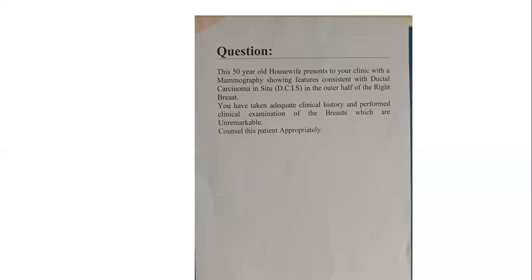Now, you have done a mammography, and your mammography results have shown features consistent with ductal carcinoma, but I've also taken your physical history now, and both your physical history and your clinical history are unremarkable. That means that there's nothing pointing to a carcinoma.